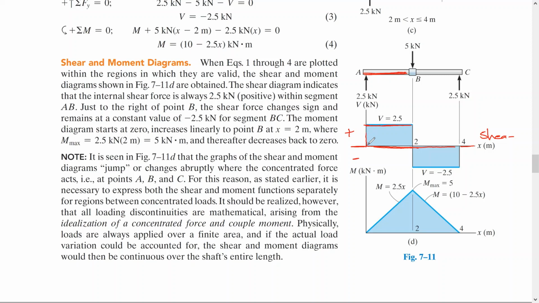We start with V equal to 2.5 along this distance, which is 2 meters. Keep this like this.